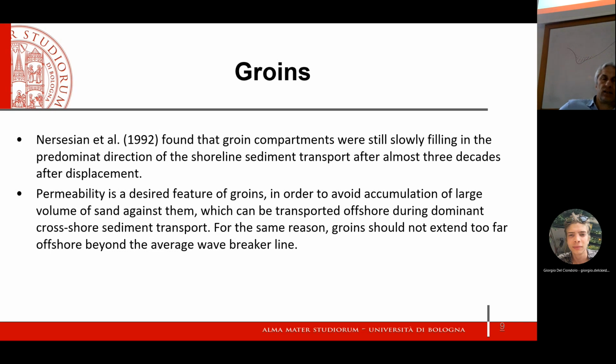It depends on the level of blockage that we want to reach, but it also depends on the time that we are given for beach accretion for the groin to be effective. In some of the cases, we observed, and this is the first bullet point here, that the filling of the groin compartments is very slow.